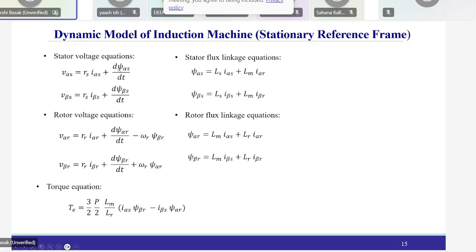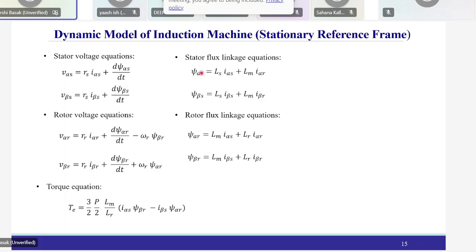This corresponds to the alpha equation, and this to the beta equation. After that, you have the rotor voltage equations, which are also the transformation of the rotor circuit to the stationary reference frame, and they will be given by these expressions.